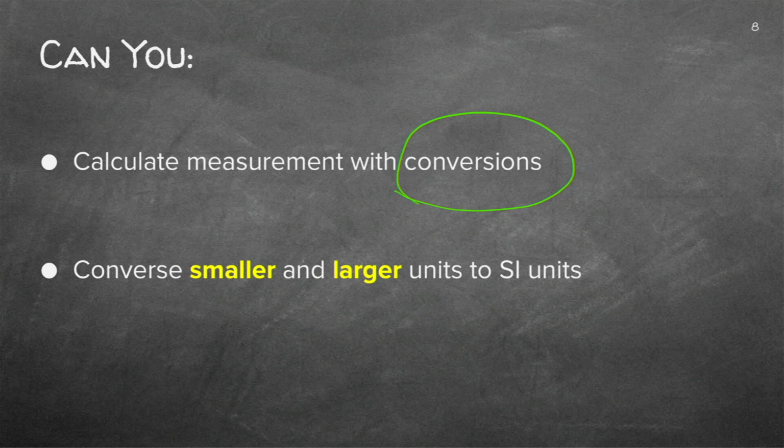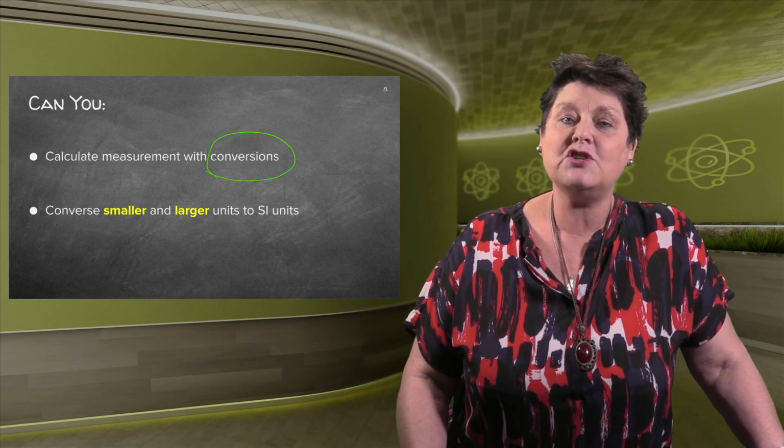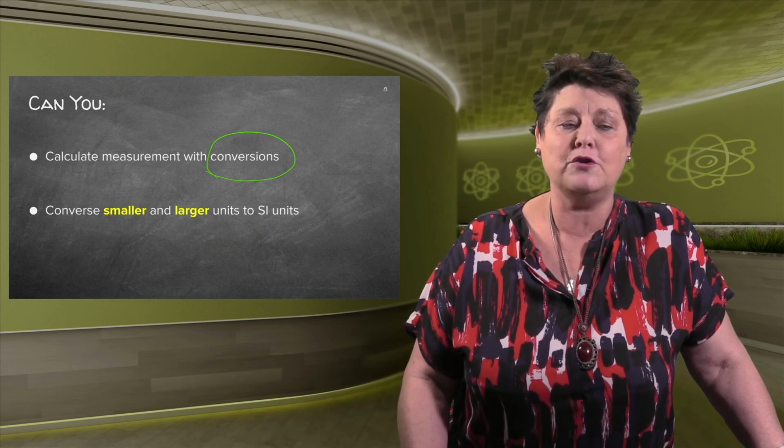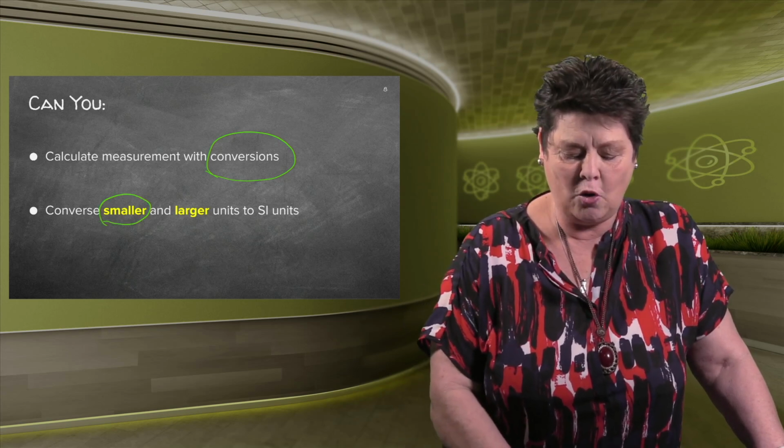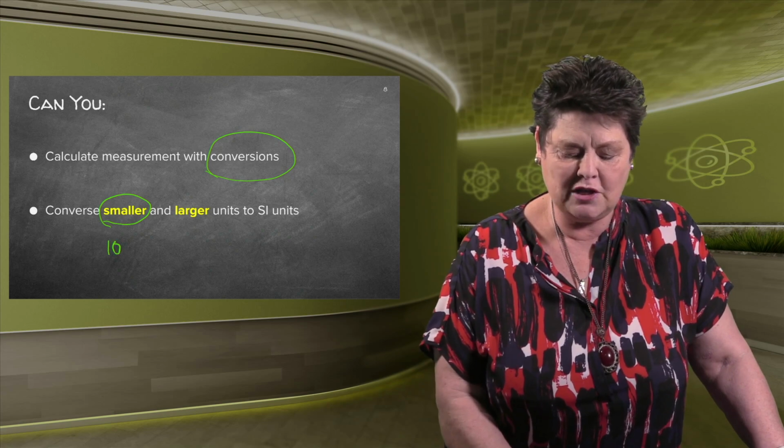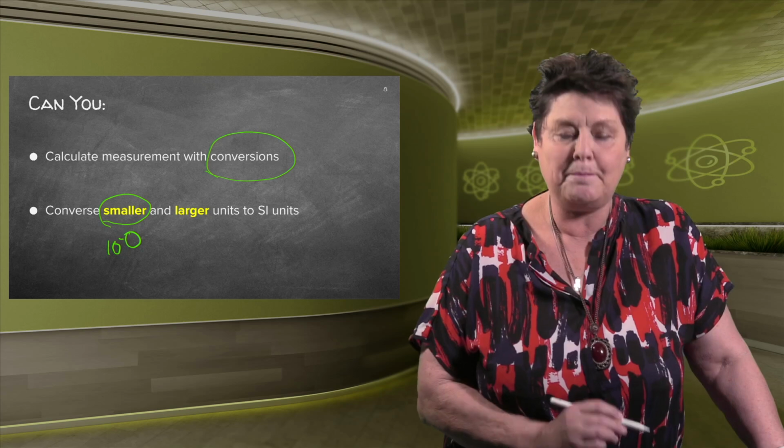Please practice this a lot, because you are going to use it in most of the physics you're going to convert, and in almost all the calculations in stoichiometry, in chemistry, you are going to use conversions. You have to be able to see if it's smaller. If it's smaller, it's usually divided with a power.